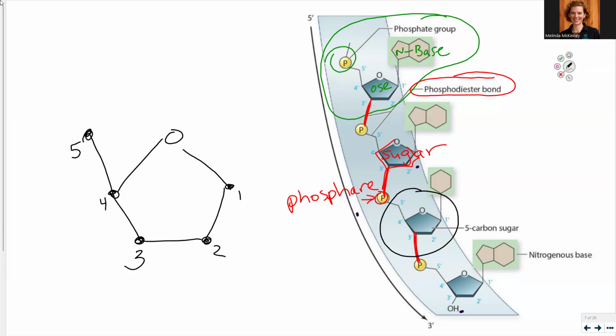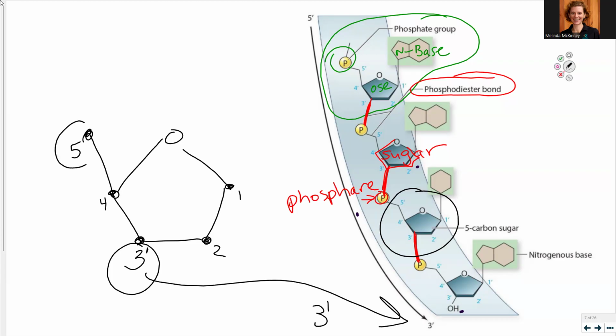It's a 5-carbon sugar. In the case of DNA, it's deoxyribose. So when we talk about the strand, the fact that this carbon down here is the closest to the end at the bottom of the screen means that this end is called the 3' end. The number 5 carbon is closest to the opposite end, so this end is called the 5' end.